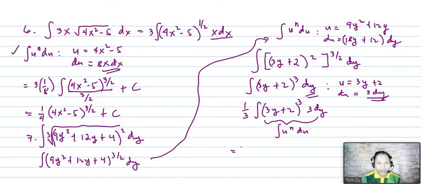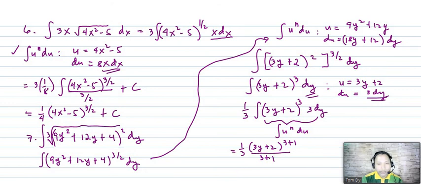Therefore, our final answer is 1/3 times u to the n du, that is equivalent to 3y plus 2 raised to 3 plus 1, divided by 3 plus 1.